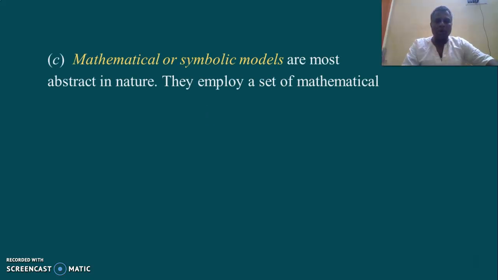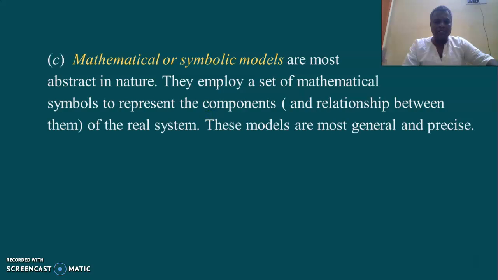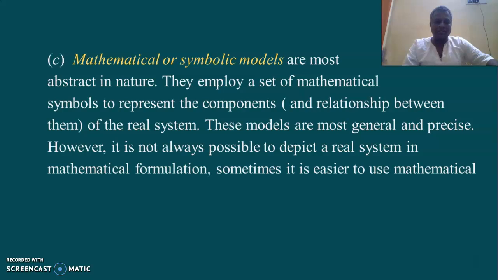Mathematical or symbolic models. Mathematical or symbolic models are most abstract in nature. They employ a set of mathematical symbols to represent the components of the real system and the relationship between them. These models are most general and precise.